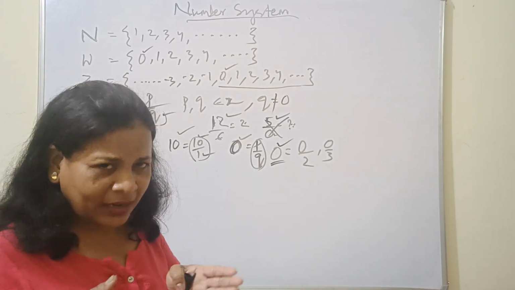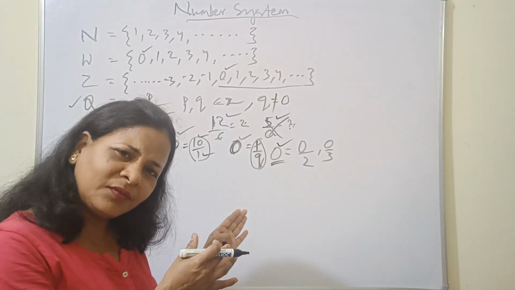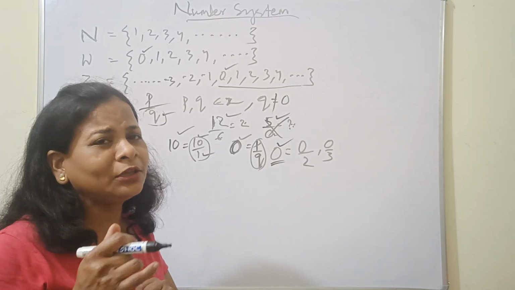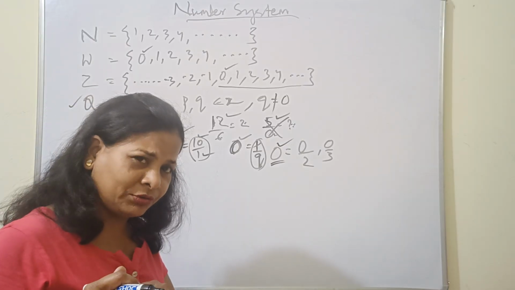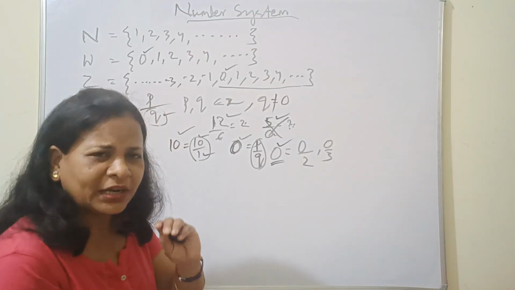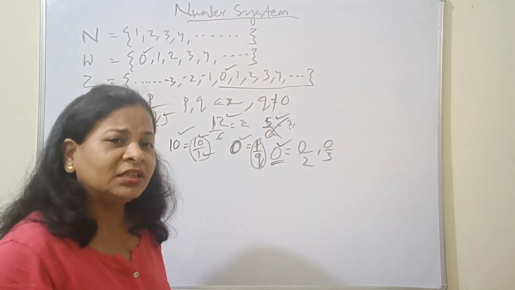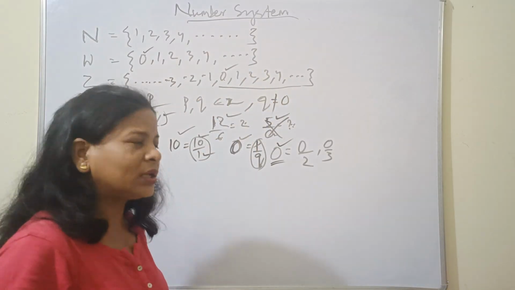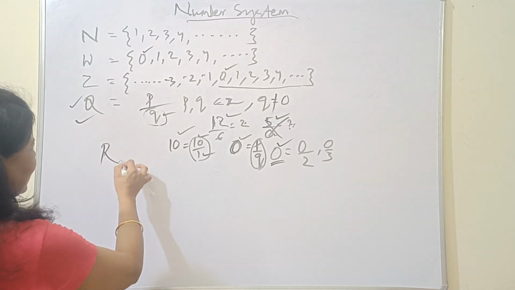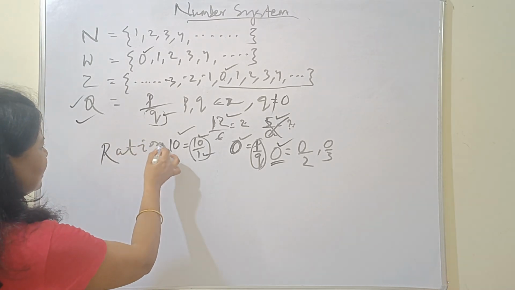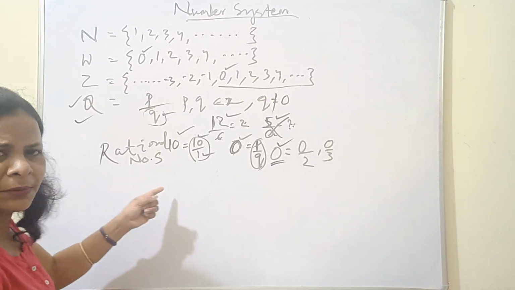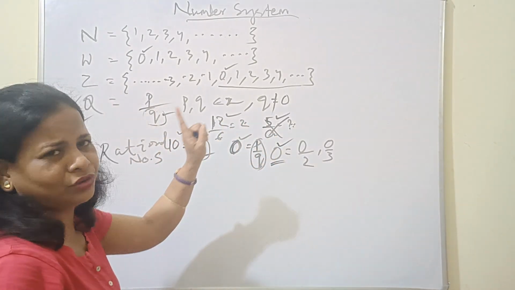So numbers which can be written in the form of P by Q are rational numbers, and which cannot be written in the form of P by Q, where P and Q are integers and Q is not equal to 0, are irrational numbers. And if we combine all the rationals and irrational numbers, then we would get the set of real numbers. So you understood what rationals are. Rational numbers are those which can be written as P by Q, where P and Q are integers and Q is not equal to 0.